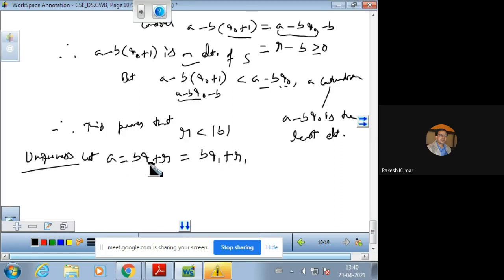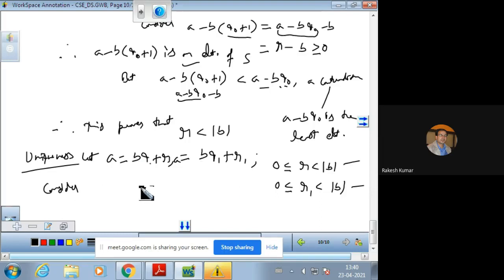So a को हमने bq plus r के बराबर भी ले लिया, और a को हमने bq1 plus r1 के बराबर भी ले लिया, और साथ में लिख दिया कि r भी डिवीजन एल्गोरिथम की प्रॉपर्टी जस्टिफाई करता है, और r1 भी डिवीजन एल्गोरिथम की प्रॉपर्टी जस्टिफाई करता है. सो कंसिडर कर लिया. यूनिकनेस प्रूव करना तो सेम प्रूव कर देंगे. लास्ट में हम r को r1 के बराबर या q को q1 के बराबर प्रूव कर देते हैं.